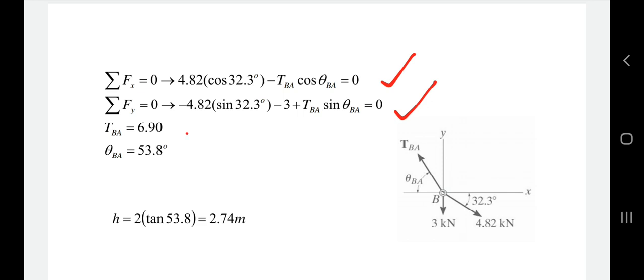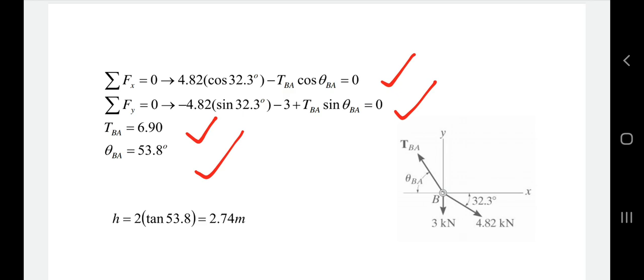Find out the TBA and theta BA. Now all the tensions in the segments are found out, that is TBA, TBC and TCD. All the values of the tensions are found.